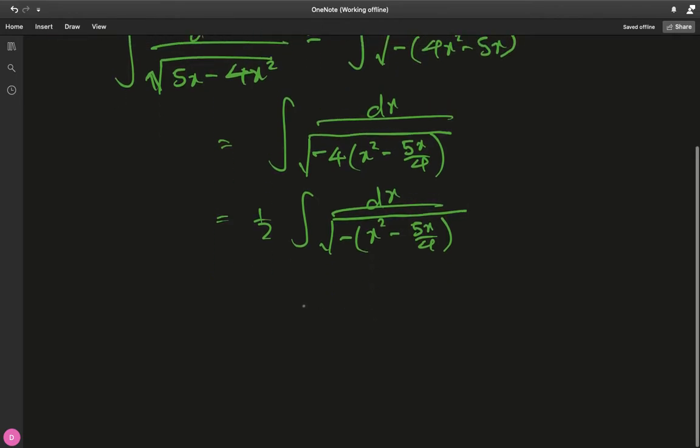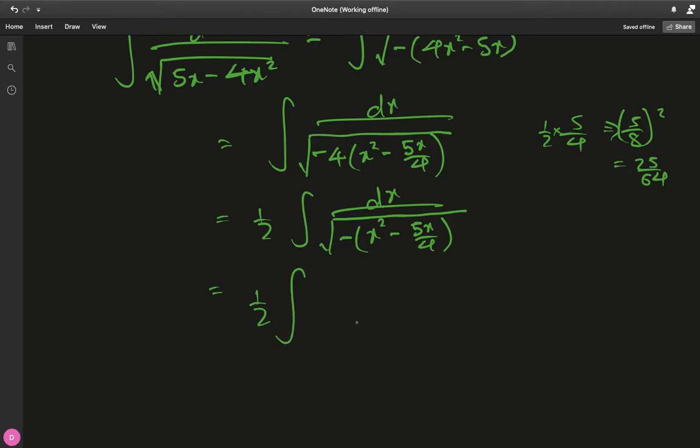Okay, so now what I'm going to do is use a classic method of completing the square in the denominator. So for completing the square, I need to divide 5 over 4, the coefficient of x, by 2. We get 5 over 8 and square that. So we have 25 over 64.